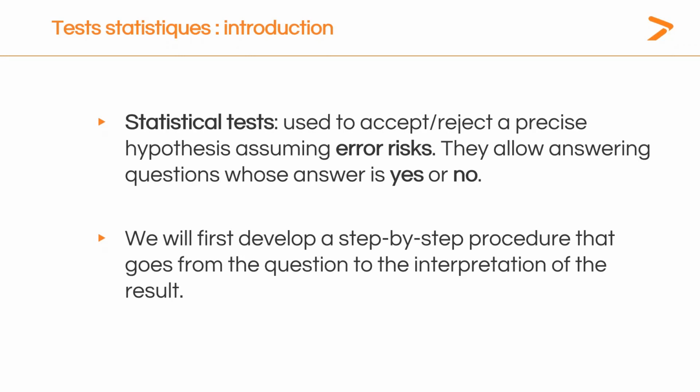Statistical tests are used to accept or reject a precise hypothesis, assuming error risks. As I told you earlier, they allow answering questions whose answer is yes or no. So we'll first develop a step-by-step procedure that goes from the question to the interpretation of the result, and we'll pass through the implementation of the test in XLSTAT.